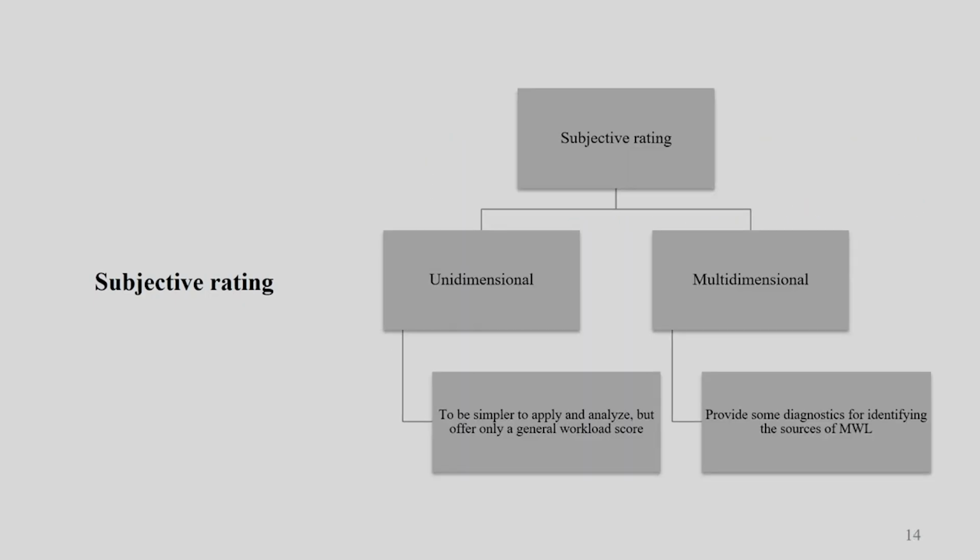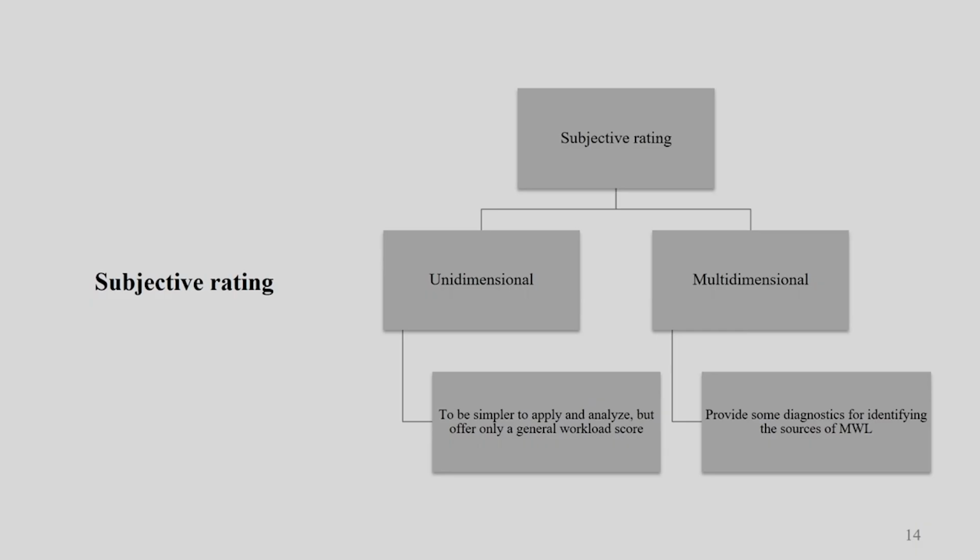So here, as in a schematic diagram, unidimensional means simpler to apply and analyze but offers only a general workload score, whereas multidimensional subjective rating provides some diagnostics for identifying the sources of mental workload.